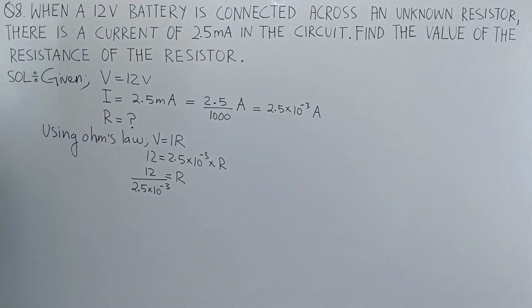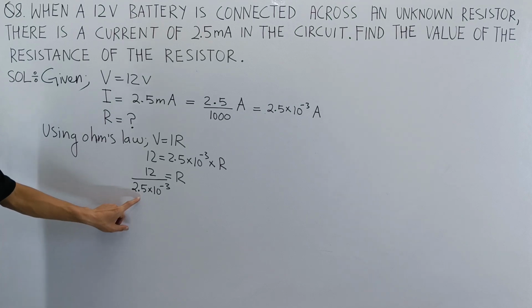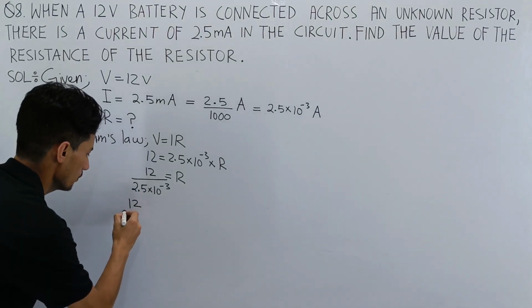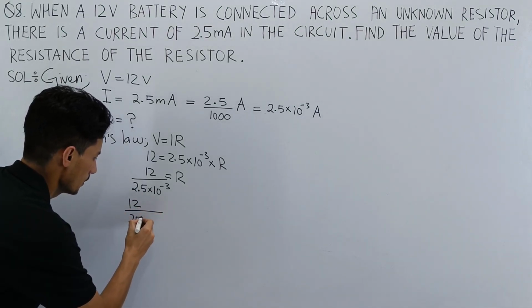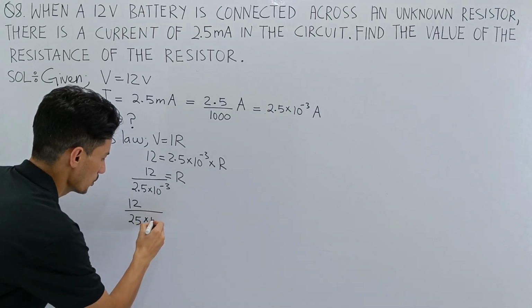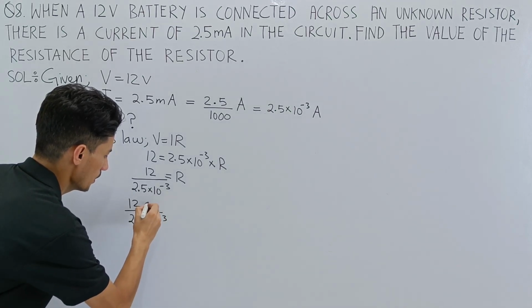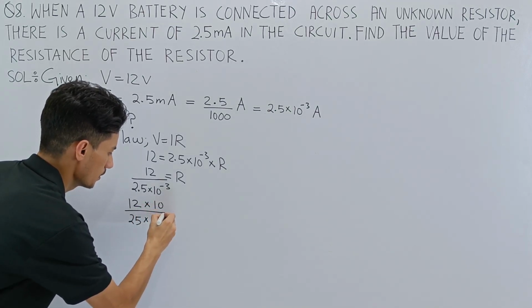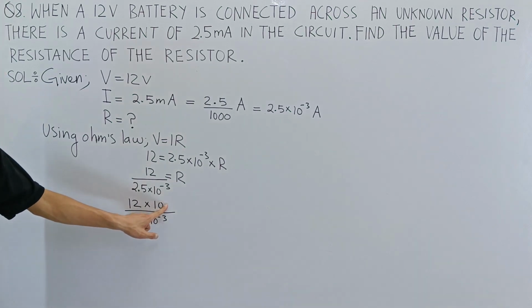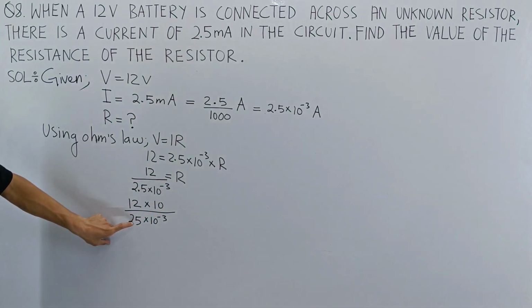All right, now we'll remove the decimal value from 2.5. So 12 will be 12, this will be 25, and then 10 to the power minus 3 is here, and then here 10. This 10 is from the decimal in 2.5.